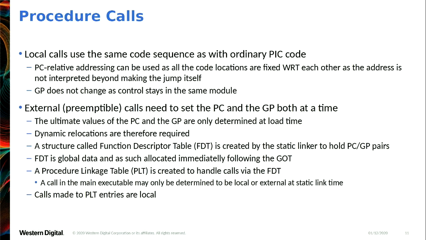The FDT's global data will be allocated immediately following the GOT, which allows us to do the optimization that I mentioned before: if it's within the 12-bit range of the GP, then a single instruction can be used to access any location there.